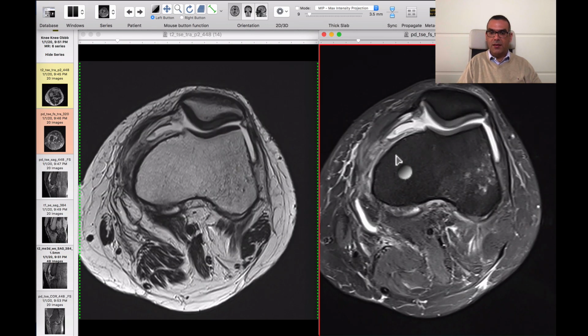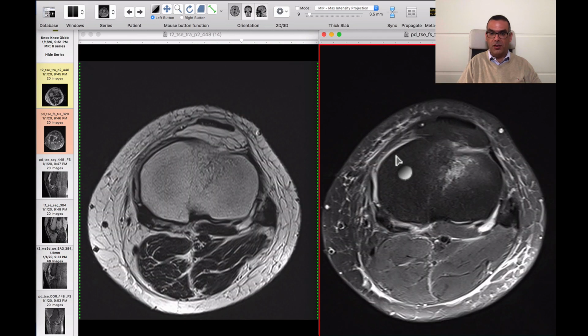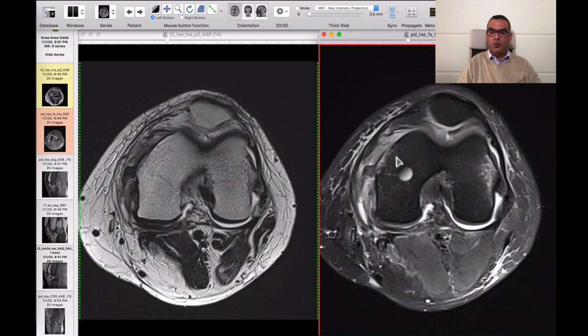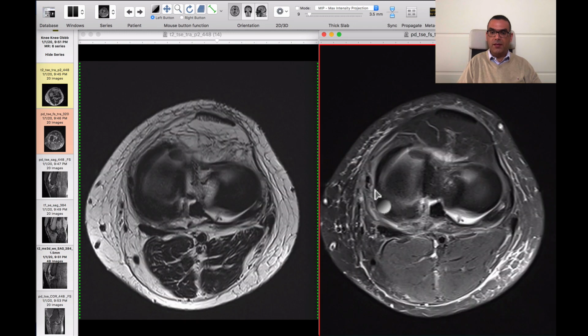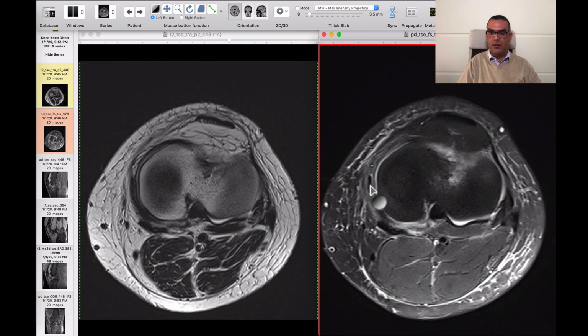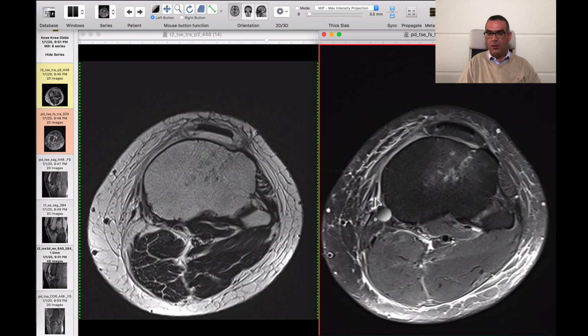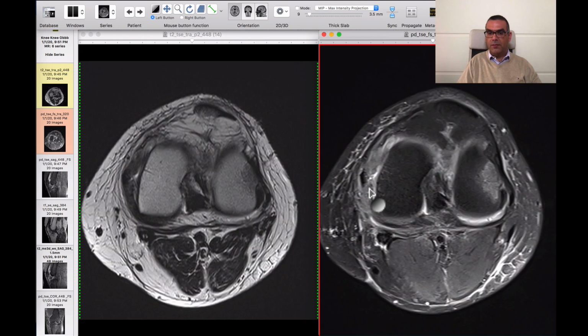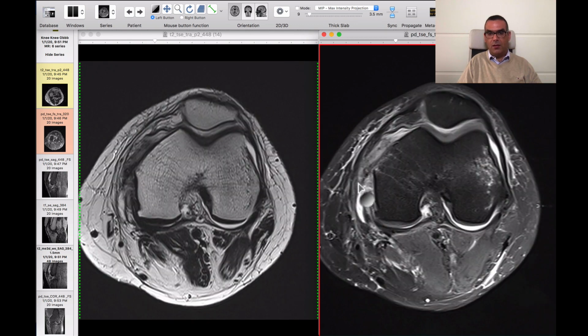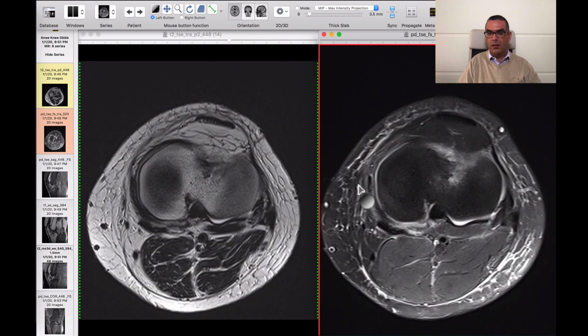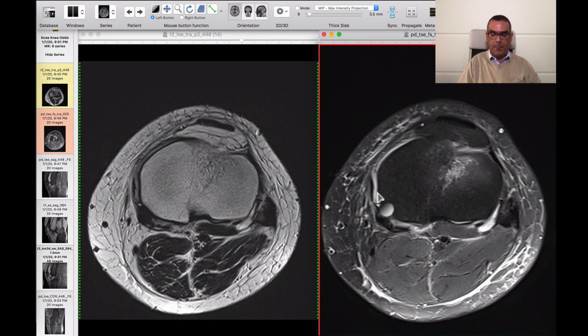You can clearly see that there are medial side pathological changes. We are used to identifying the MCL fibers, and this is the tibial attachment of the medial collateral ligament. Okay, if you go upwards, you will see there is obvious interruption near the femoral attachment of the MCL.